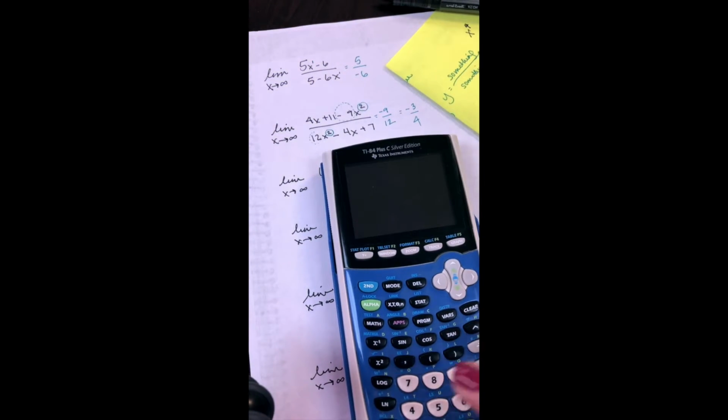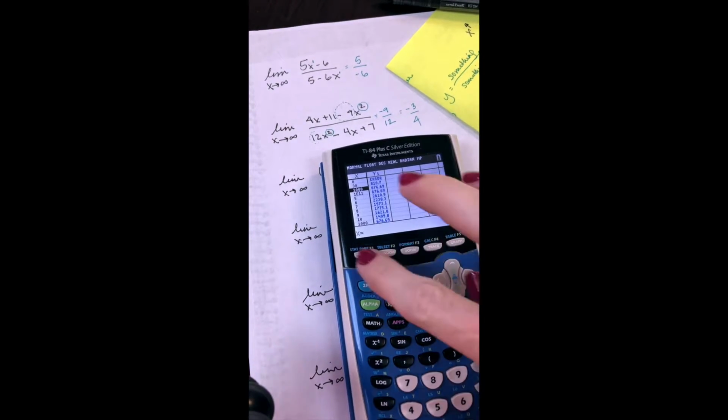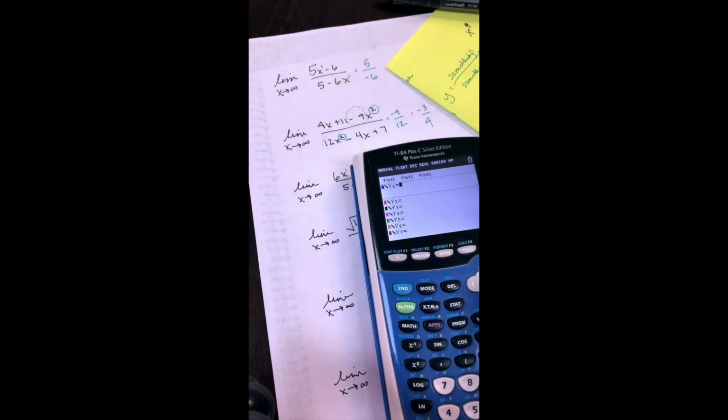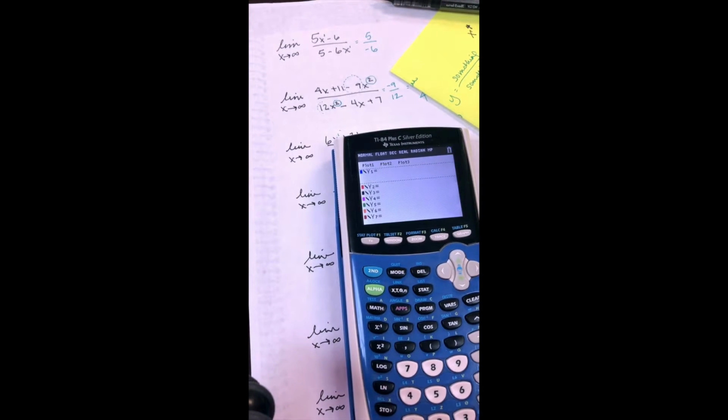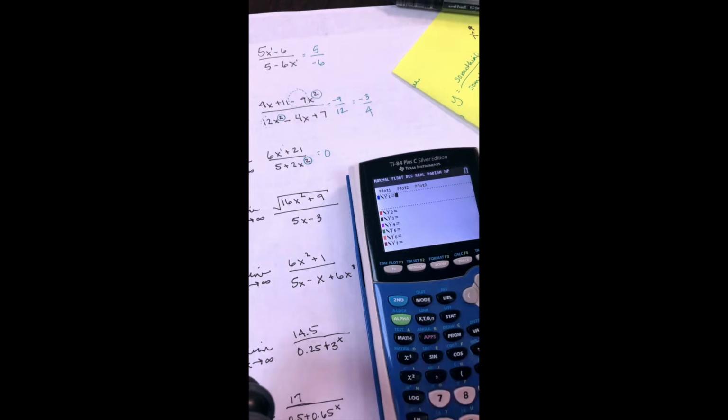with another way of thinking about the limit. If I wanted to figure out the limit of this as x gets bigger and bigger and bigger, I'm going to put this guy into y1. So I'll come over here. That's a fraction. Try to get both of them here on the screen.